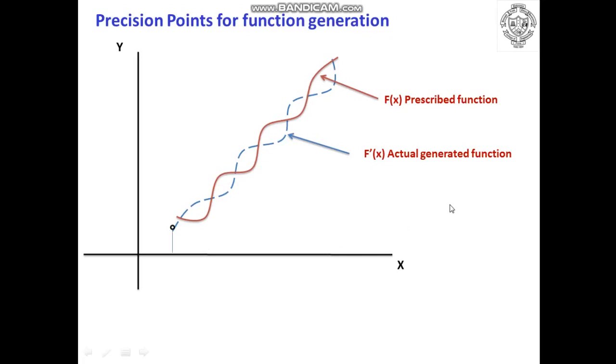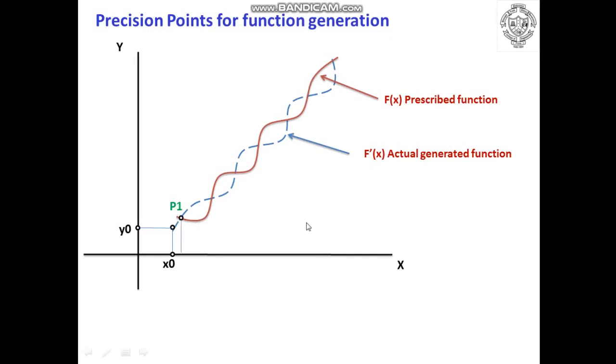Now let us consider the start of the function with the coordinate of x as x0 and y as y0, with which the function starts. These 2 points are considered the initial points for x and y. Let us consider the first precision point, designated as p1.